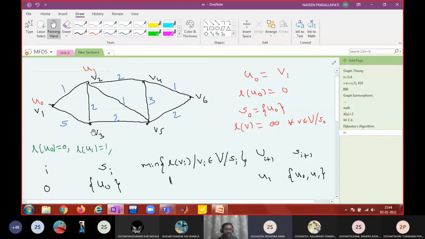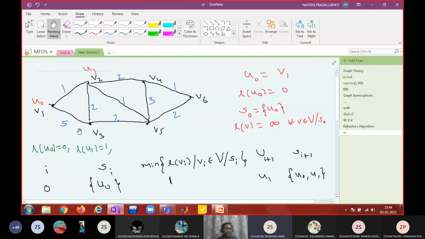So if I want to consider V3, what is V2 to V3? 2. And this 2 you have to add to L of U1. So 2 plus 1 is how much? 3.